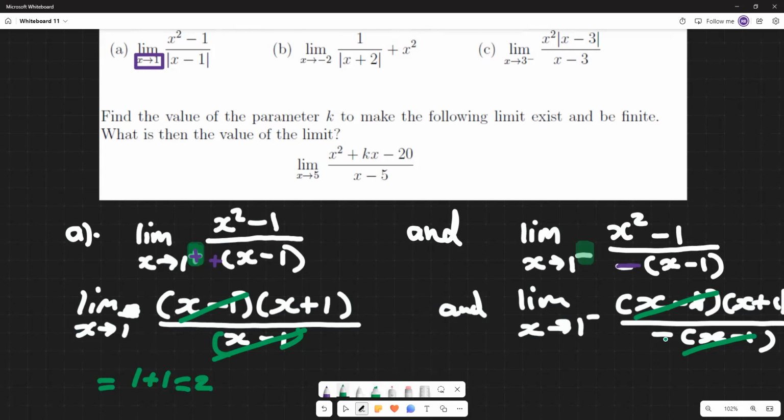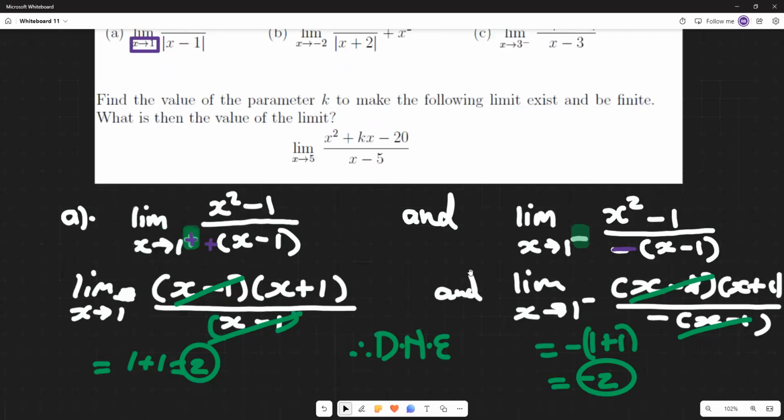Let's check the left-hand limit. I'm going to take 1 and substitute there. I'm going to have negative 1. This negative is there, so on this side I have negative 2. Therefore, the limit does not exist, because the left limit is not equal to the right limit. You have to give a reason for your answer.